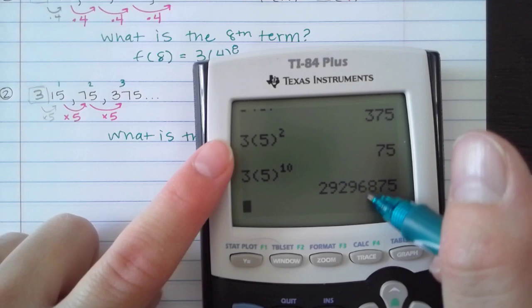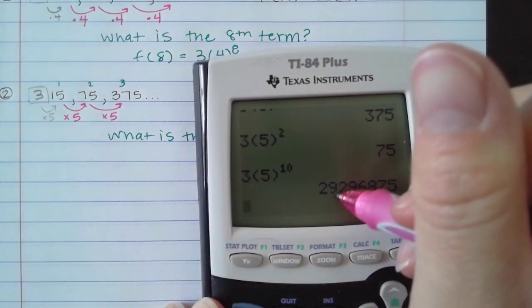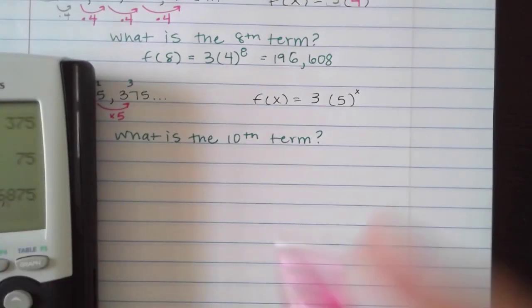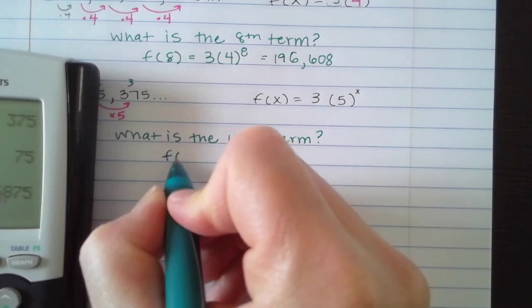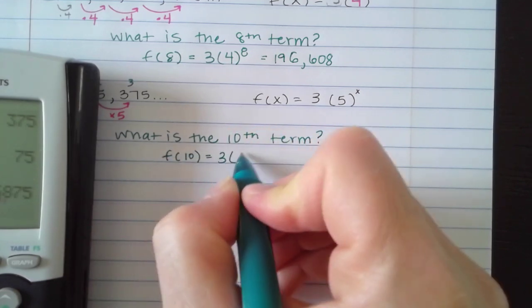Holy moly, that's a big number. I'm going to just put these little commas in there for us to read it better. 29,296,875. So I'm going to write that out. Oops, different pen. So f of 10 is when you plug in 10 for x.